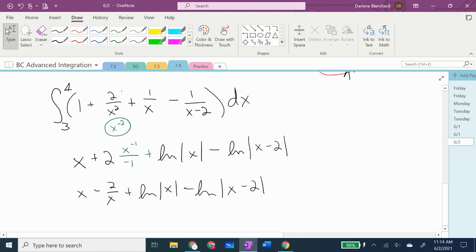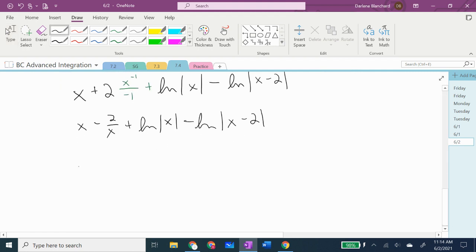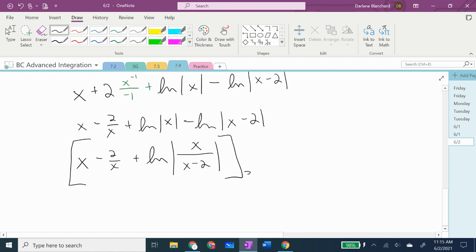So how about I do that? x minus 2 over x plus natural log of, and when I'm subtracting, I divide the insides, and now evaluated from 3 to 4.